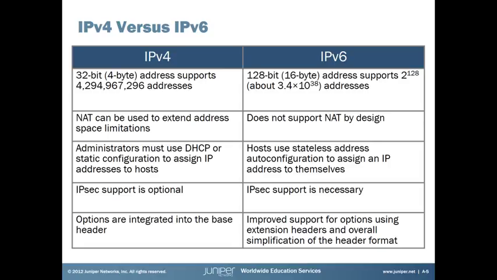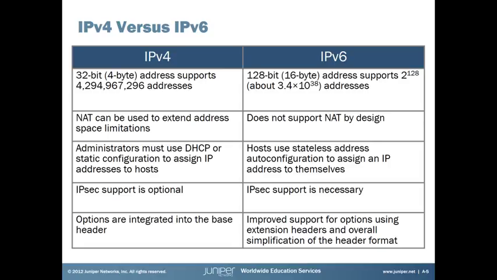IPv4, there's an options field in the header. It's hardly ever used, except by hackers who use it now and then, but it's hardly ever used for anything legitimate. With IPv6, that has been removed, and options and other things have been put into these things called extension headers.